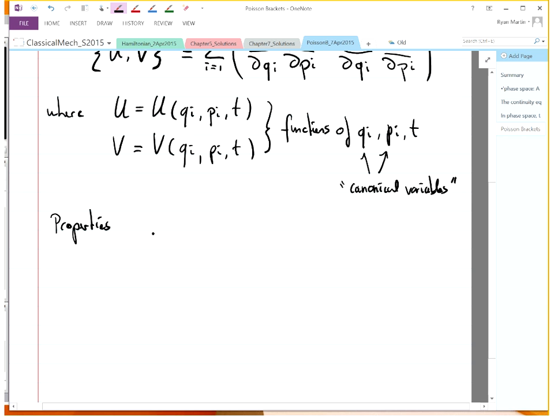So there are properties of Poisson brackets. I'm going to write PB a lot for Poisson brackets. I'm not going to write them all, but I'm going to show a couple of them so you get the gist of how you prove them, and then I'll let you figure the rest of them out in the assignment.